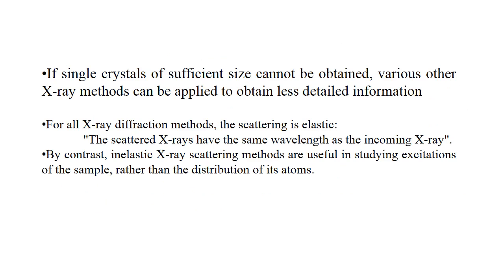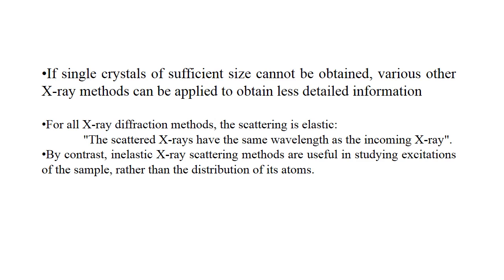If a single crystal of sufficient size cannot be obtained, various other X-ray methods can be applied to obtain less detailed information. They may include fiber diffraction, powder diffraction, or small angle X-ray scattering.